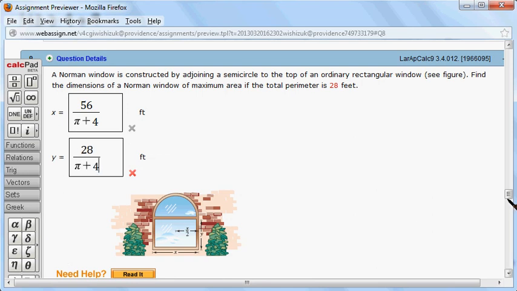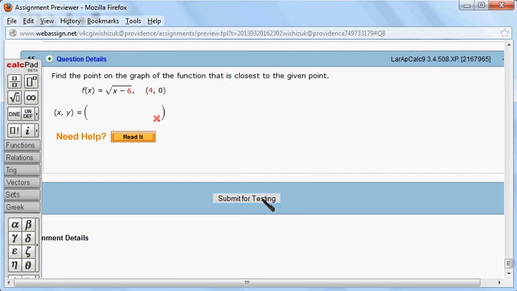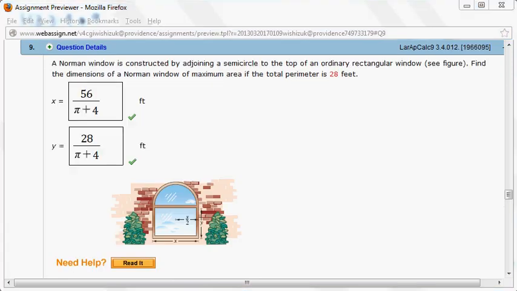Let's check the answer. Okay, it came back and we got both of them correct. All right, that's it. I hope that this was clear.